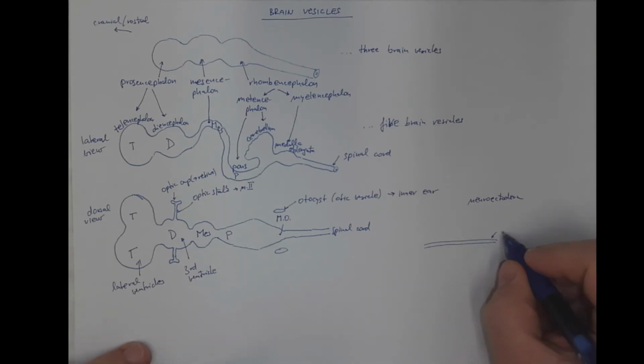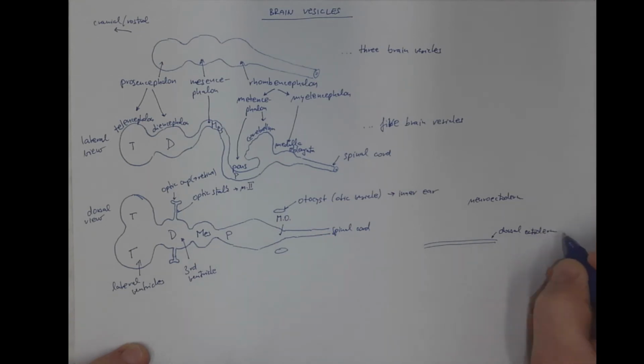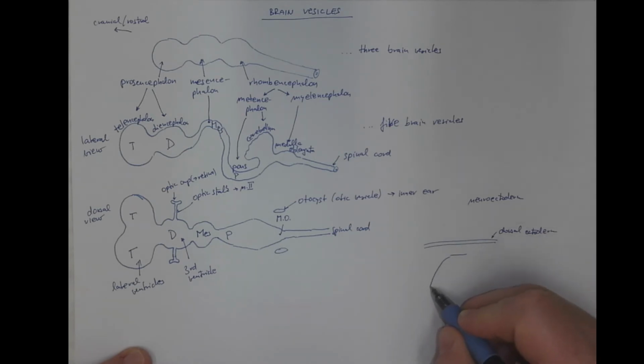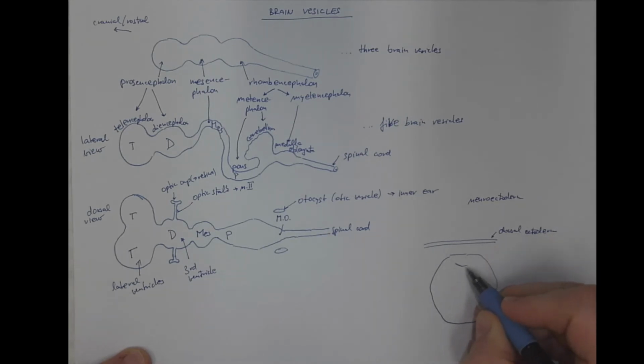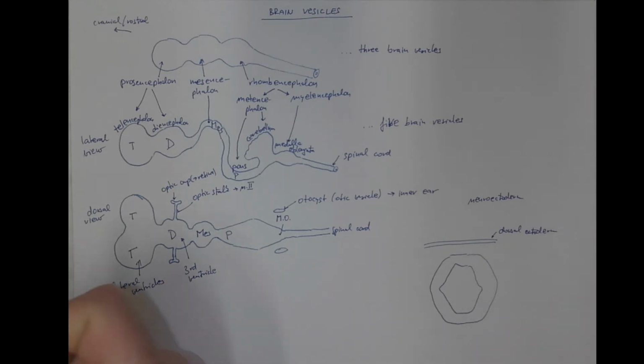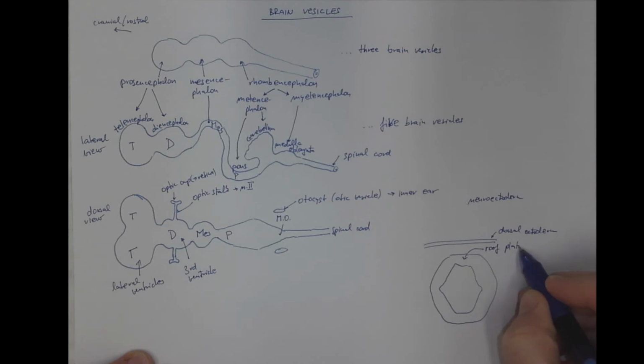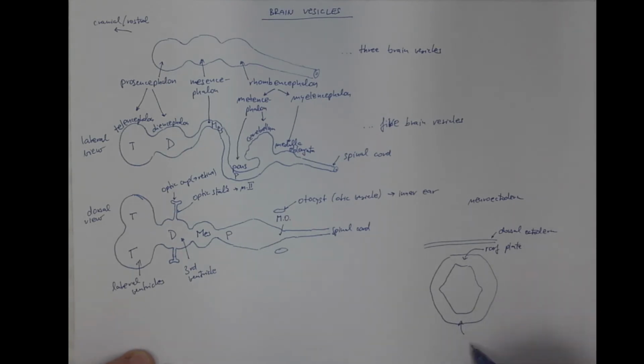If this is the dorsal ectoderm, and here is a cross-section through an idealized neural tube, the right and left half are connected dorsally with a roof plate and ventrally with a floor plate.